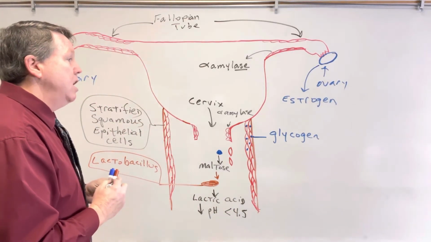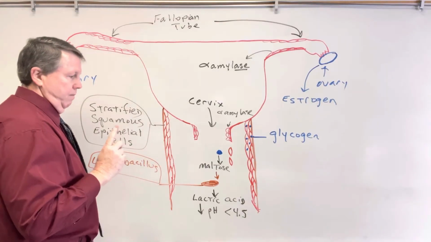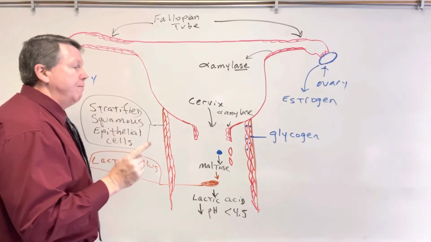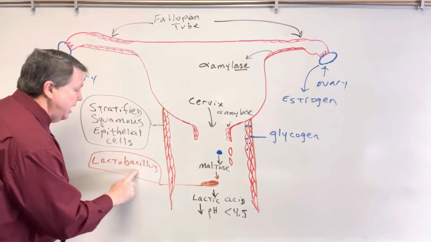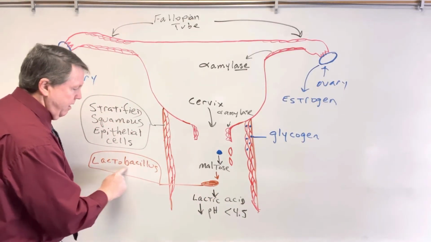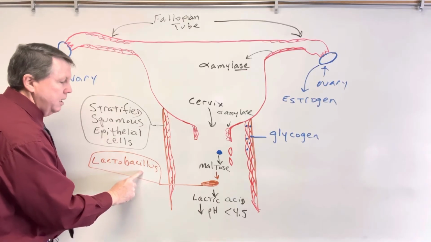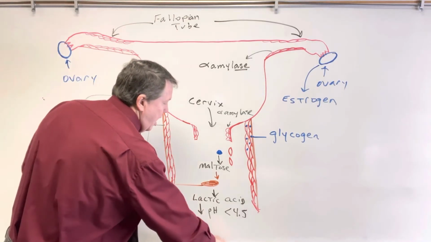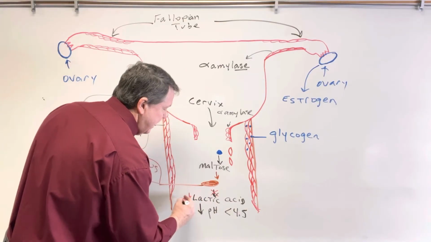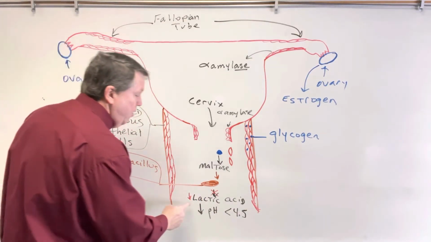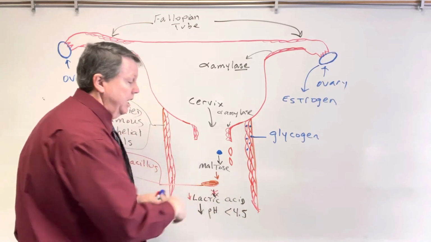So now, let's look at what can affect this. Two things. One, if people take antibiotics, they can actually kill off this lactobacillus. If the antibiotics kill off the lactobacillus, you get a decrease in lactic acid. And when you get a decrease in lactic acid, the pH is going to go up.